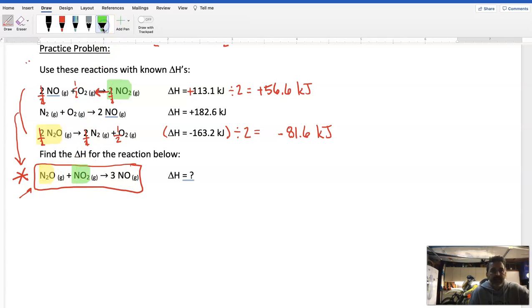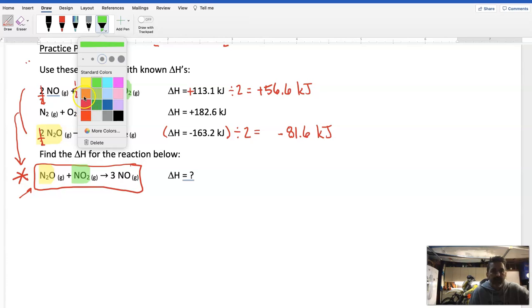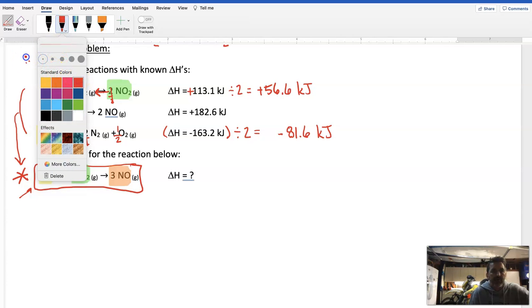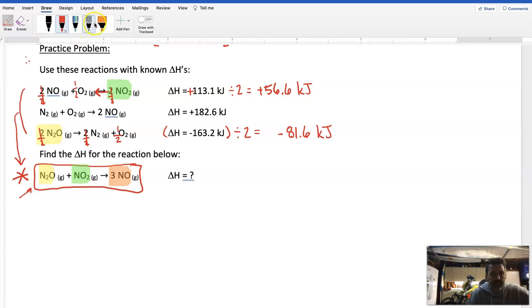So now the last thing that I need in my equation, let's use orange, is I need 3 NOs in the product side of the equation. So now I'm going to go back up to my 3 equations. I'm going to find where do I see NO in these equations?